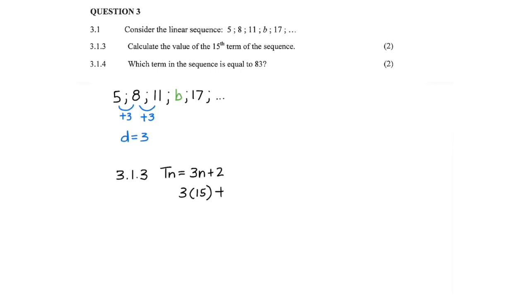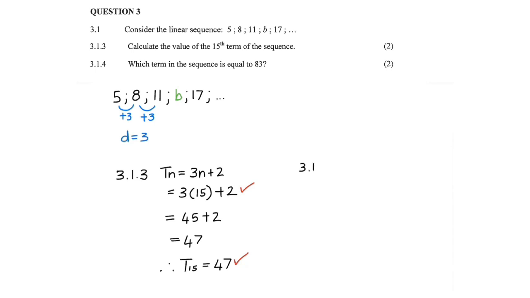So what we'll do is we'll substitute n equals 15 into the formula. Then we have 3 times 15 plus 2. Now 3 times 15 equals 45. 45 plus 2 equals 47. So you will get 1 mark for the correct substitution and 1 mark for the correct answer, 47.